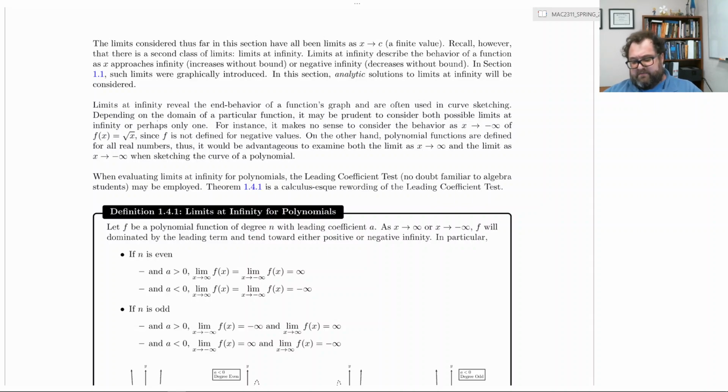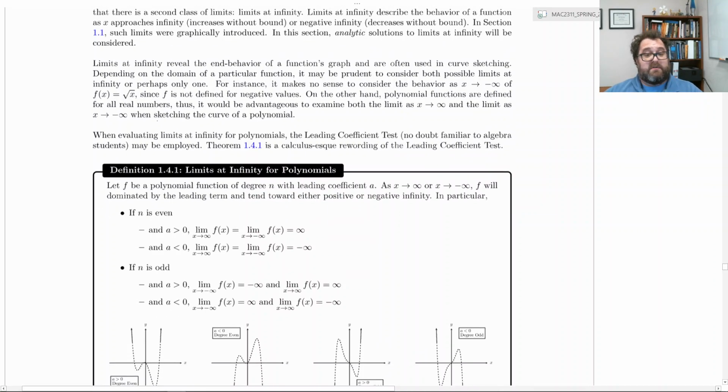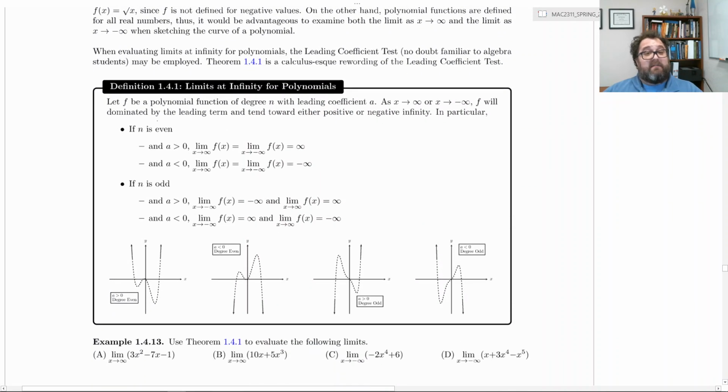Let's talk about polynomials first. Polynomials are defined for all real numbers, and so they will always have some sort of solution for both limits. Like I said, this is the exact box out of my college algebra book. This is referred to in college algebra as the leading coefficient test. So remember, a polynomial is like a quadratic or a cubic or a quartic, things that look like this.